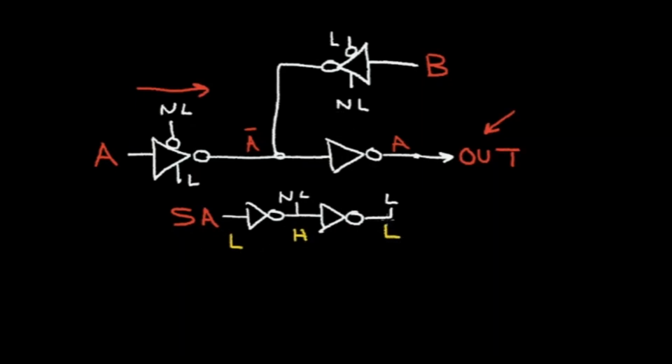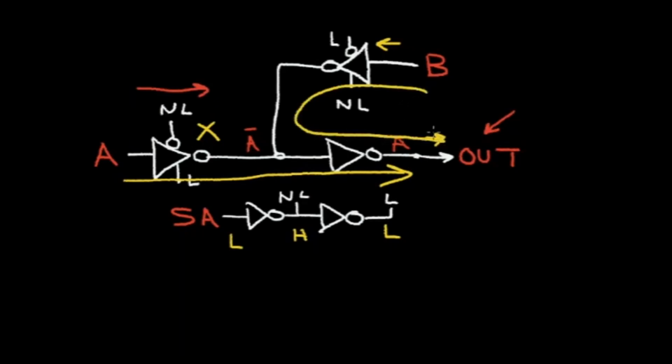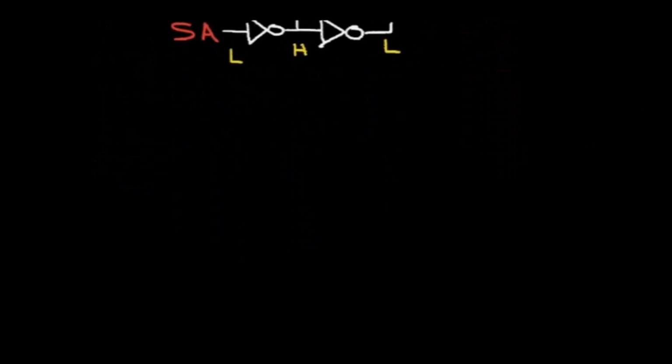So in this situation, this tri-state driver passes the data from B to the output. And this tri-state driver is out of the picture. So again, to summarize, if select A is high, the data comes through this path to the output. If select A is low, my data source is here to the output. And this circuit is called a MUX, or a multiplexer.